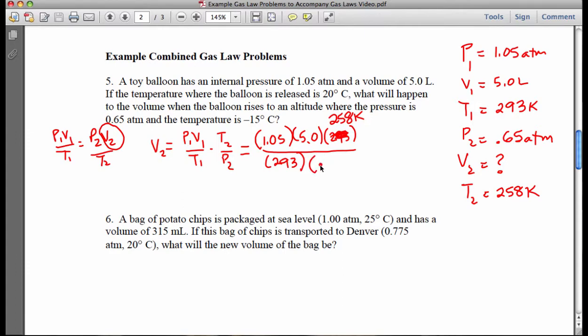And my P2 is 0.65 atmospheres. And on your calculator, you'll do 1.05 times 5.0 times 258, enter, divided by parentheses 293 times 0.65, close parentheses. When you do all of that, you should end up with a volume of 7.1 liters. That's your answer.